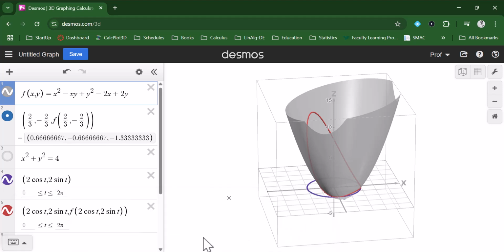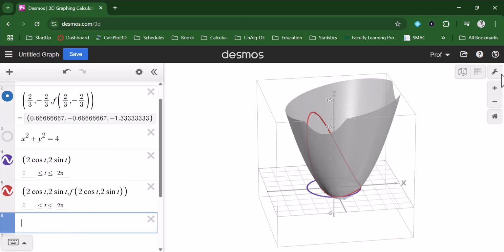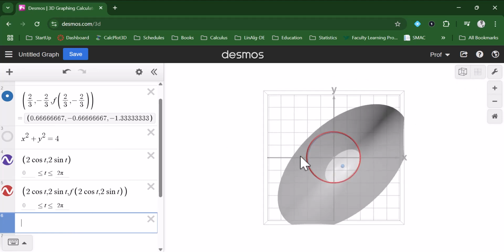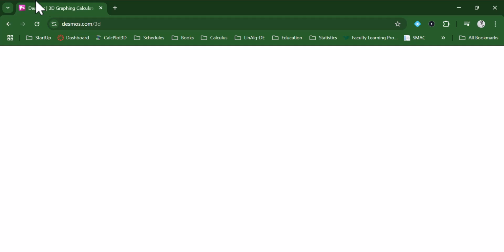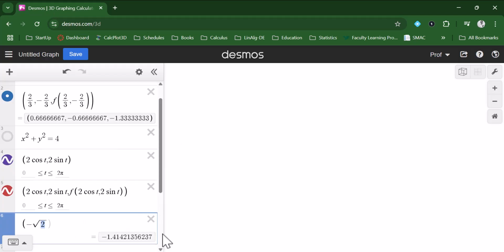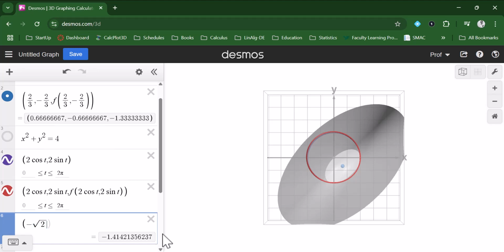Now, to help us find those max and min values, I think we've noted that the maximum value happens when x is equal to negative square root of 2, and then the y value is the positive square root of 2.